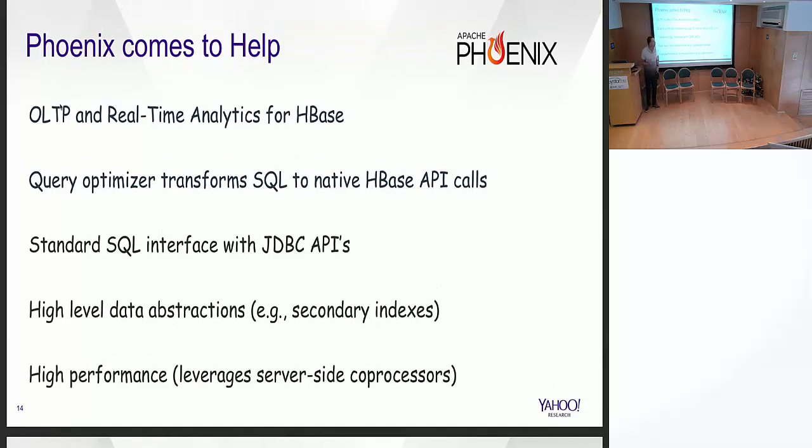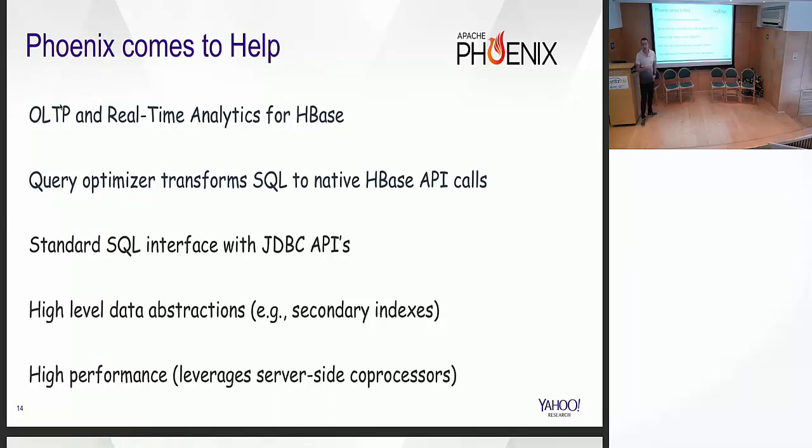So a new project called Apache Phoenix comes to help here. It's actually a SQL skin on top of HBase that provides both OLTP and real-time analytics on top of HBase. It uses a very mature query optimizer that transforms SQL into native API calls.